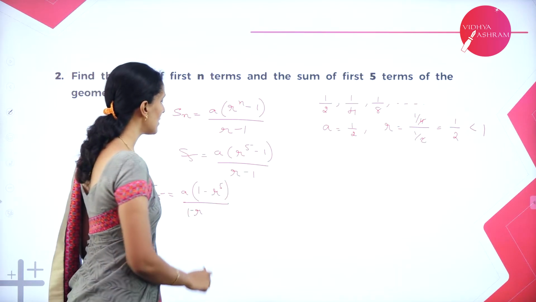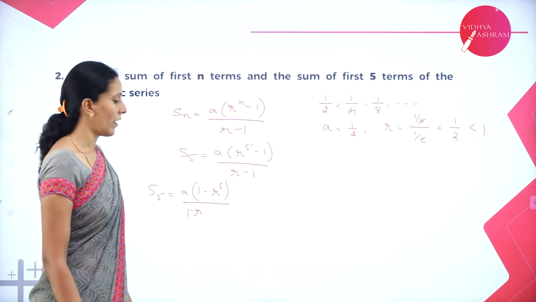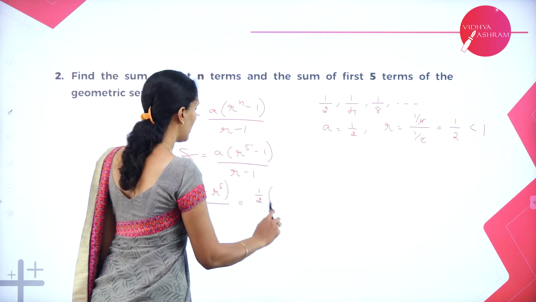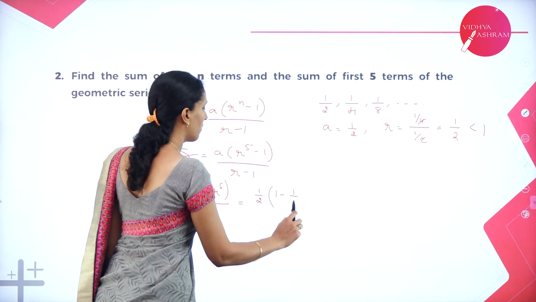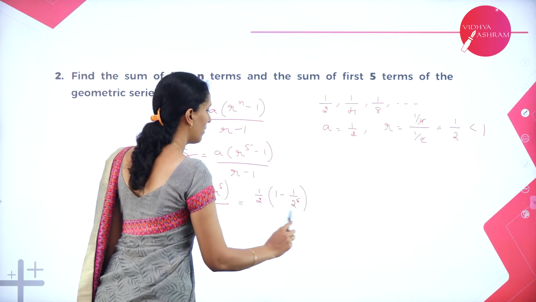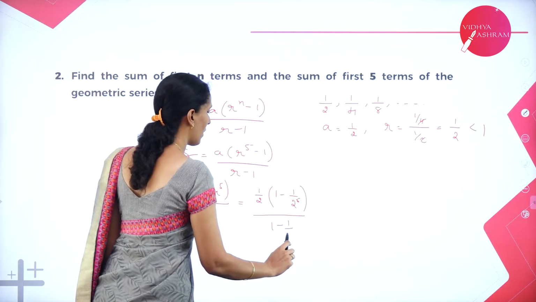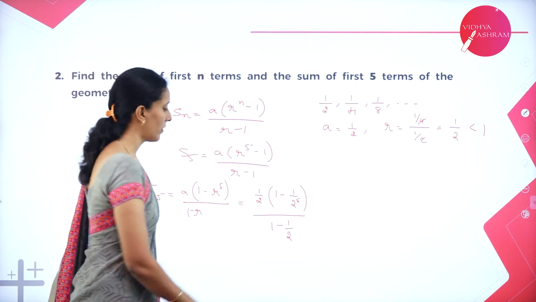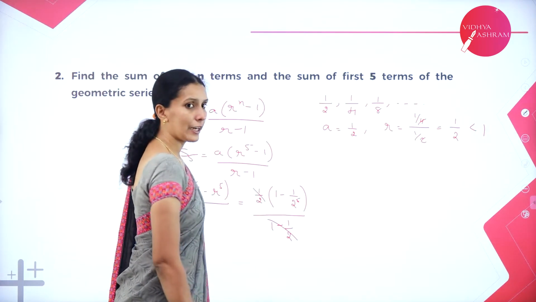Now we can find the sum of the first 5 terms here. So the first term a is 1 by 2 and here it is 1 minus (1 by 2) power 5, divided by 1 minus 1 by 2. So 1 minus 1 by 2 means half. So clearly the half will cancel.